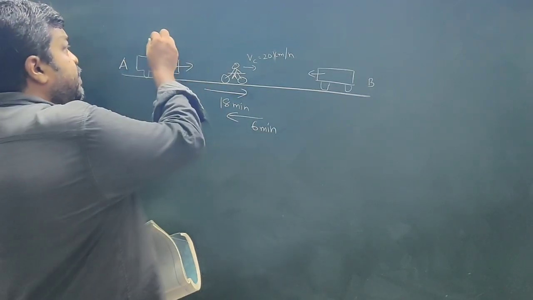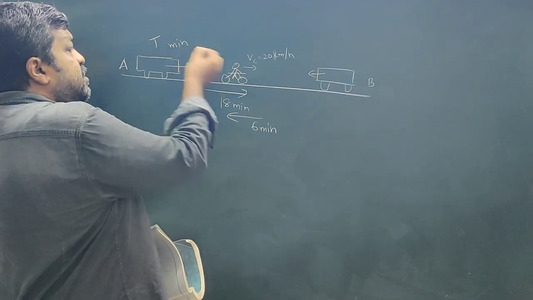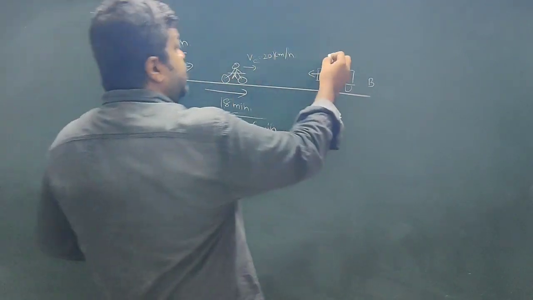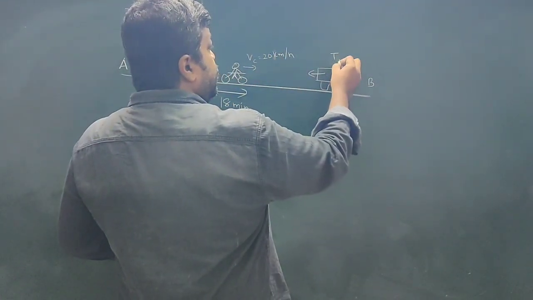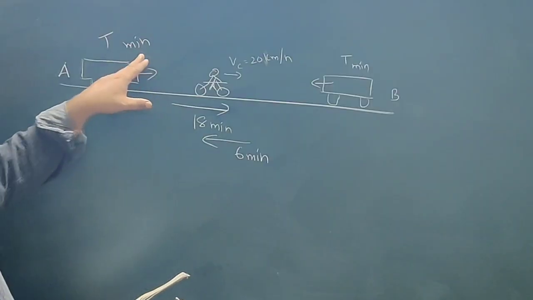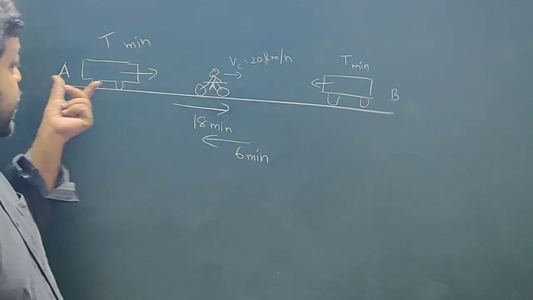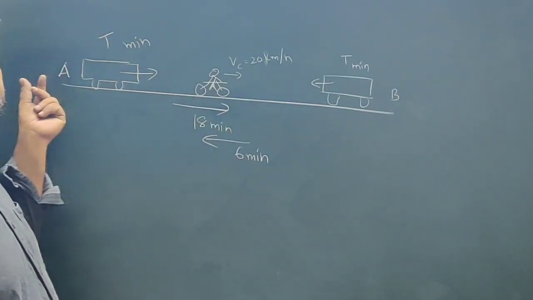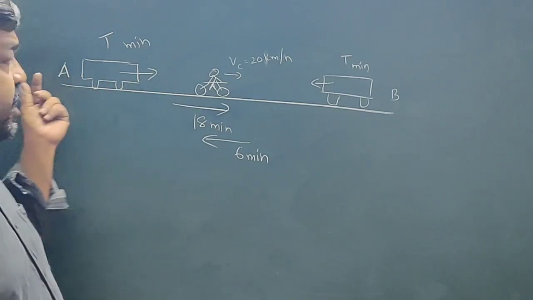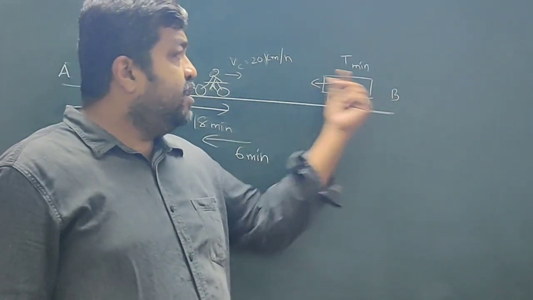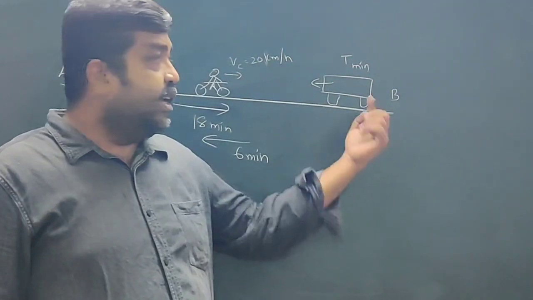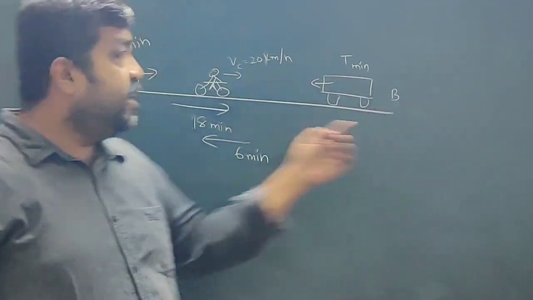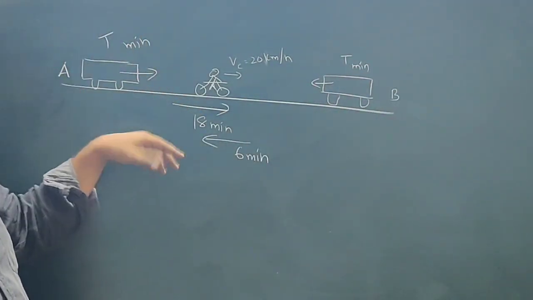It is given that every T minutes one bus is going in this direction, another bus is going in the opposite direction. So every T minutes one bus is leaving station A and one bus is leaving station B. Every T minutes from B also buses are coming. Every T minutes from A also buses are going.